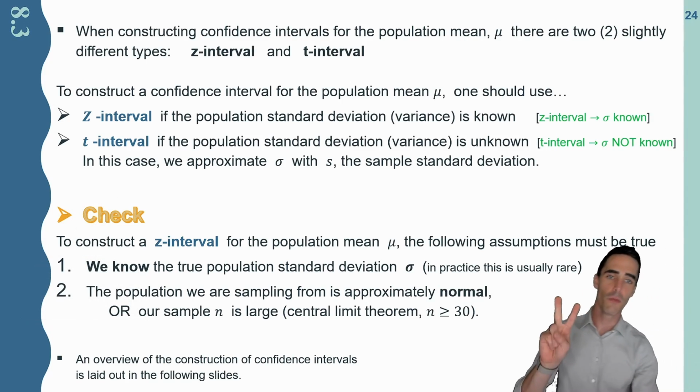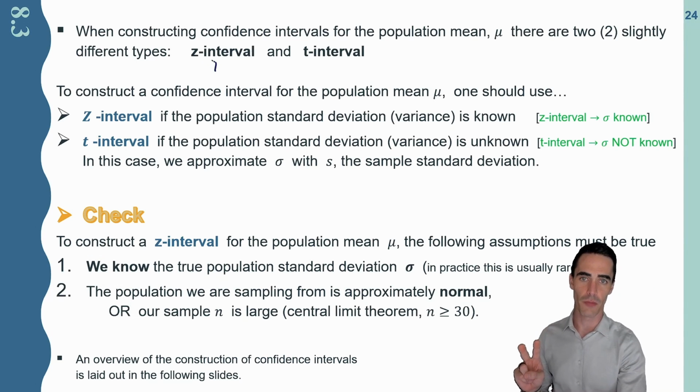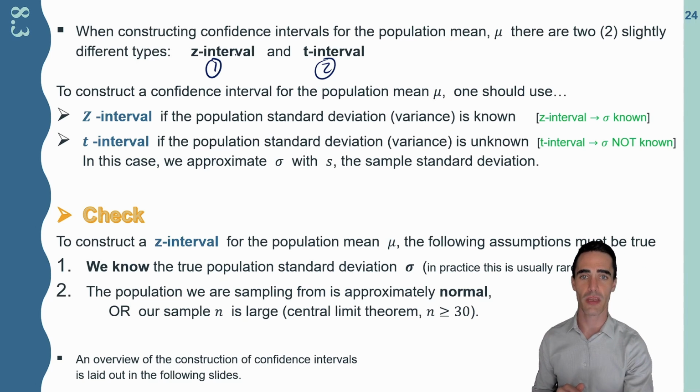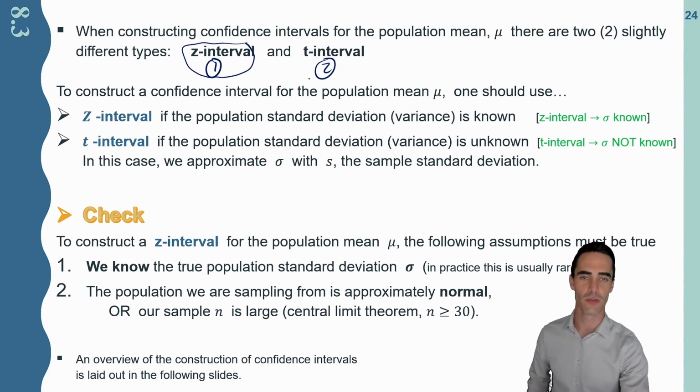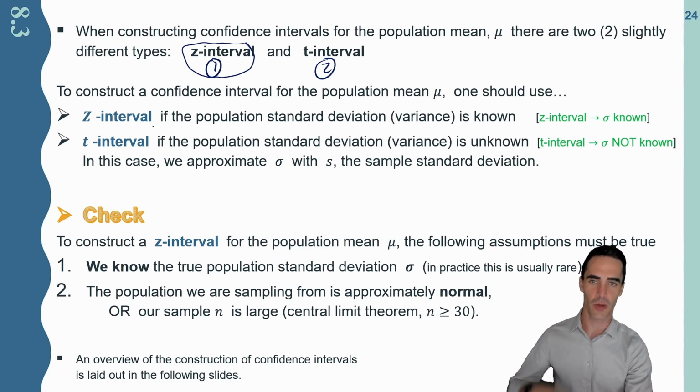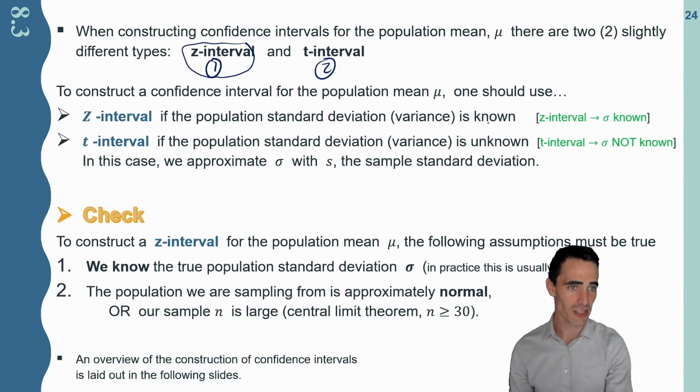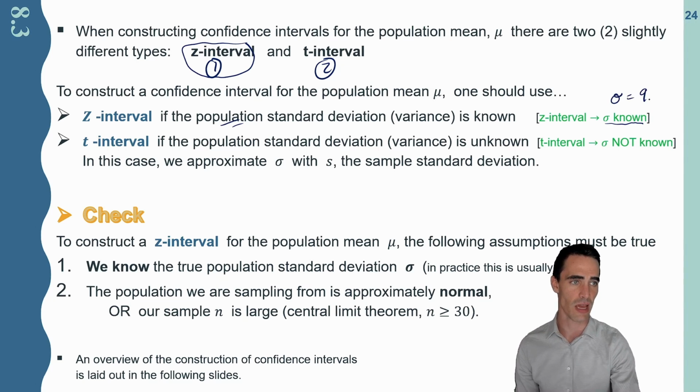So there are actually two methods, or two intervals, for computing confidence intervals for a population mean. This first one is exactly what this video is about, and then later we'll talk about a t-interval. So here we go. This z-interval, what I spoiled in the intro, does need some population information. You need to have the population standard deviation. It has to be known. For instance, the population standard deviation is 9.1.